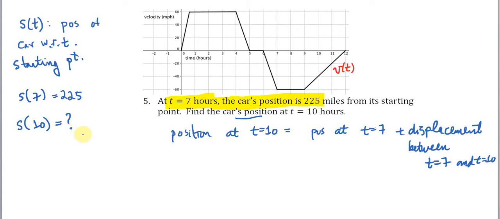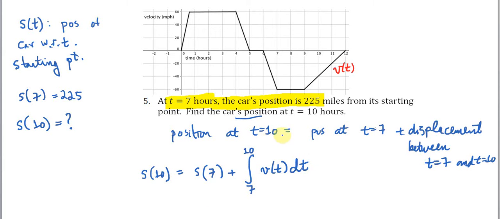We can represent it compactly. The position when the car is at t equals 10 hours is equal to the position at t equals 7, plus the displacement between 7 and 10. Remember that the displacement is the definite integral from 7 to 10 of the velocity function.